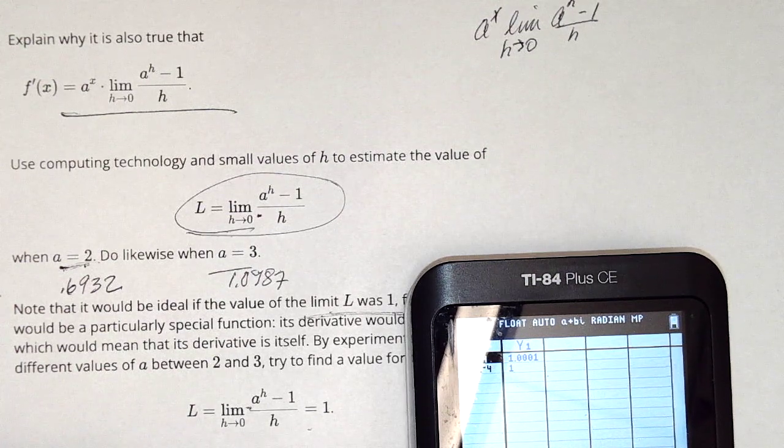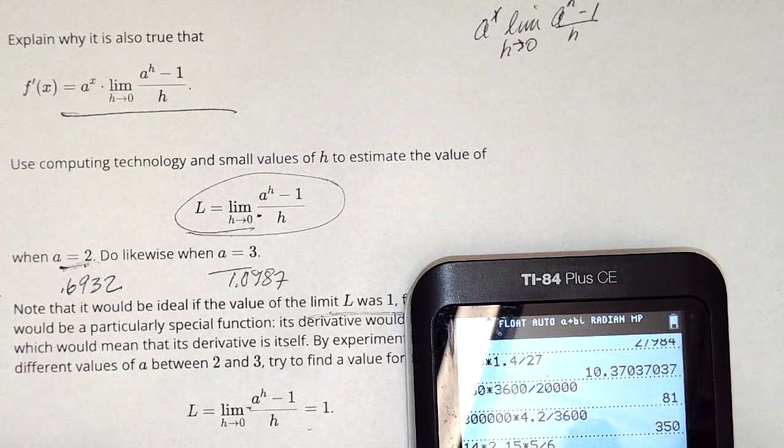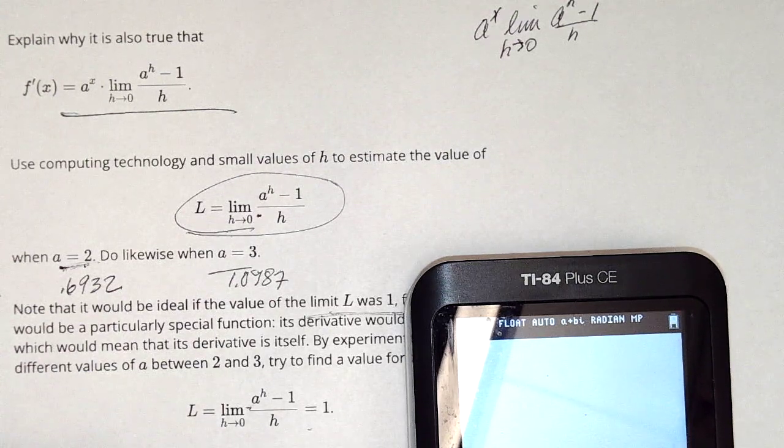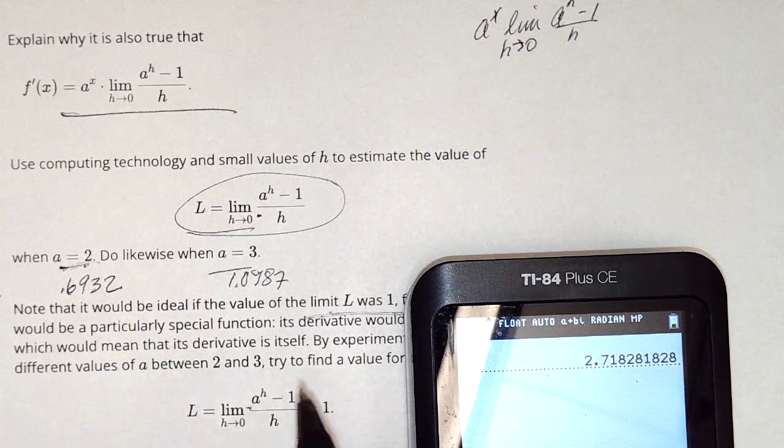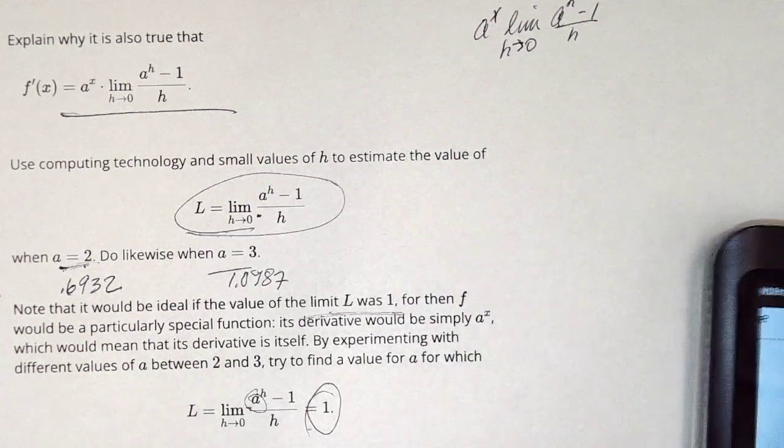e is 2.7181182. Let's go to the home screen. Clear. e is 2.718281828459045. So this a would have to be e, and it comes out to be 1.